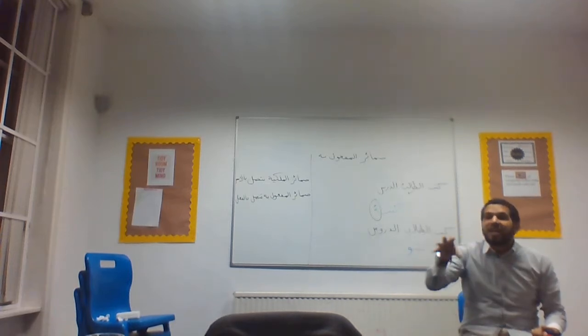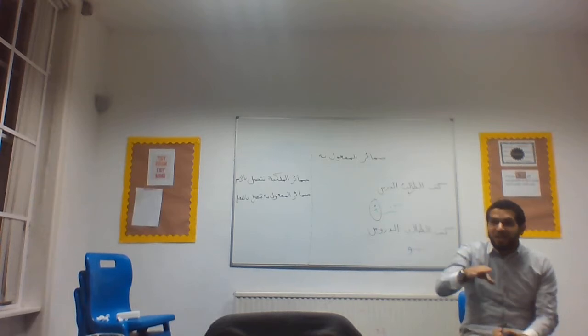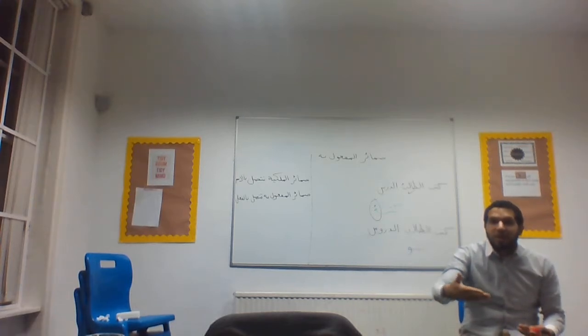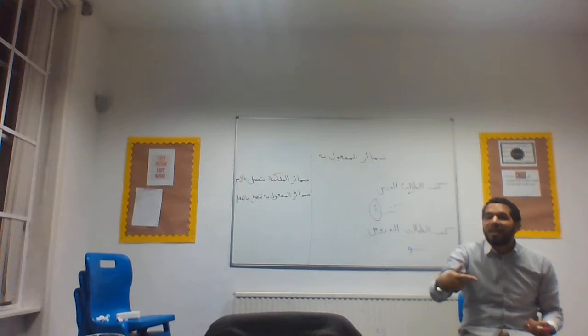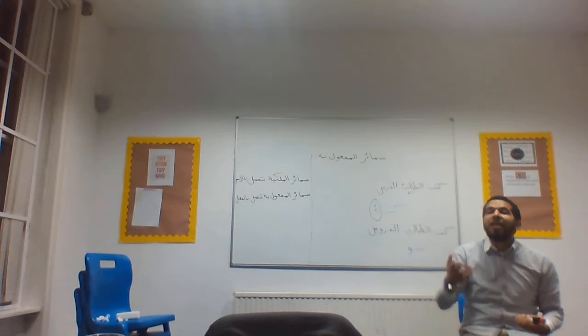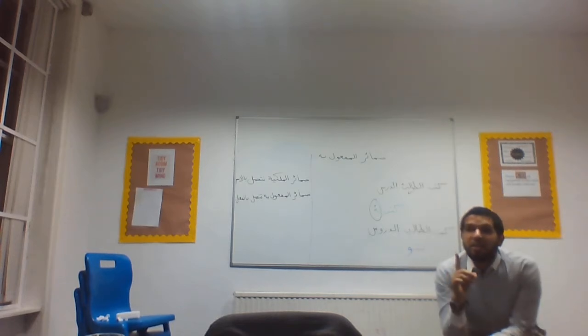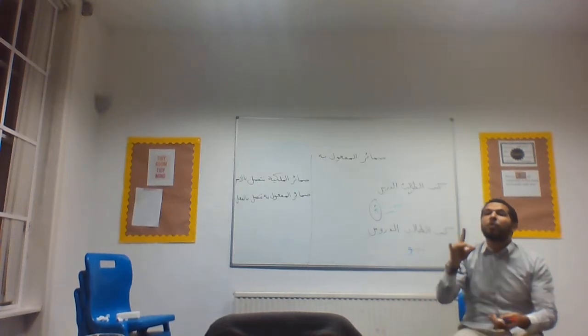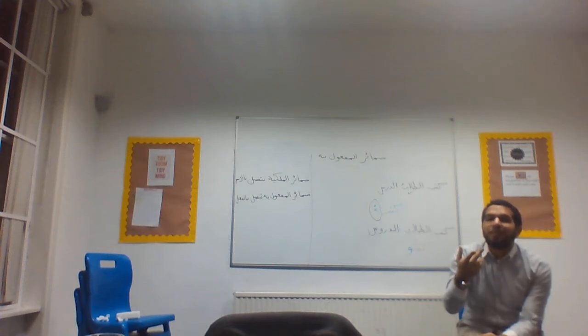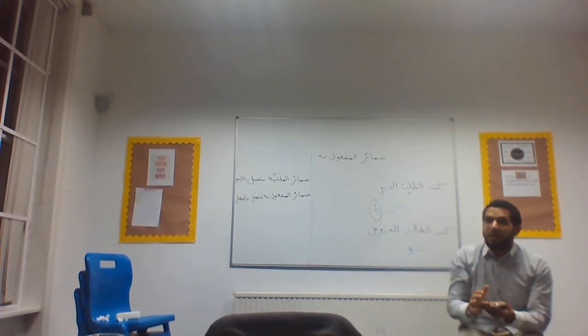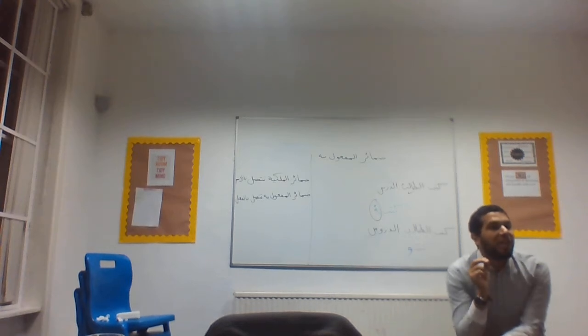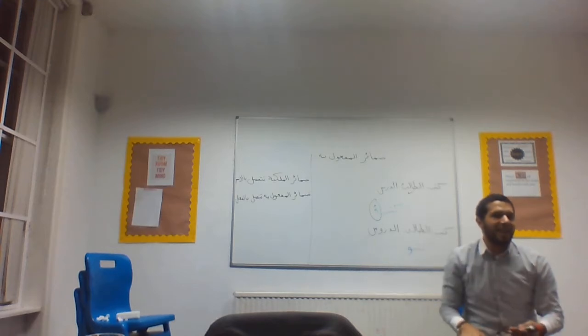Then Allah says تجري, from جرى يجري, running, من from, تحت under. Allah says تجري من تحتها, not من تحتهم. Why? Because the word جنات is not a human being. So a plural of a non-human, we deal with it as feminine singular.